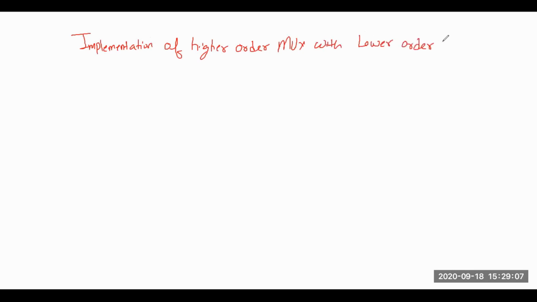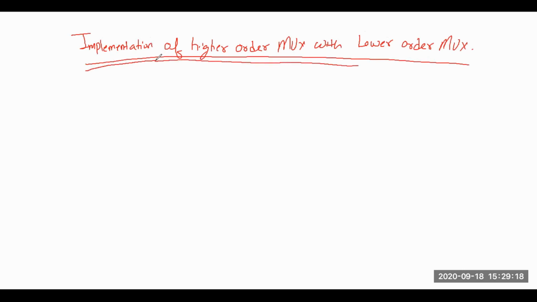So basically I'm going to explain the implementation of higher order mux with lower order mux. This is one practical thing you need to know, whenever you are facing this type of difficulty, how you need to resolve it.